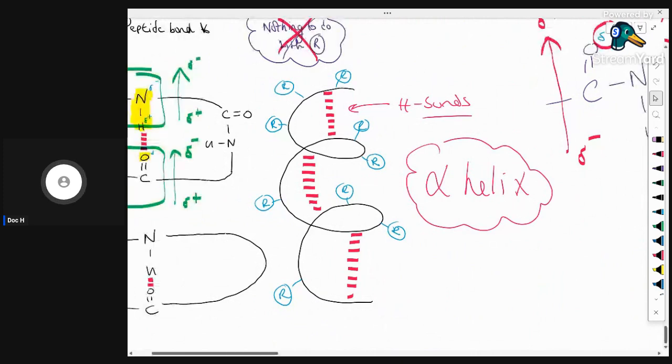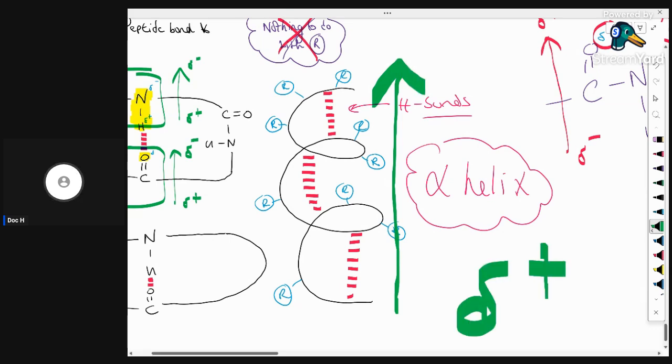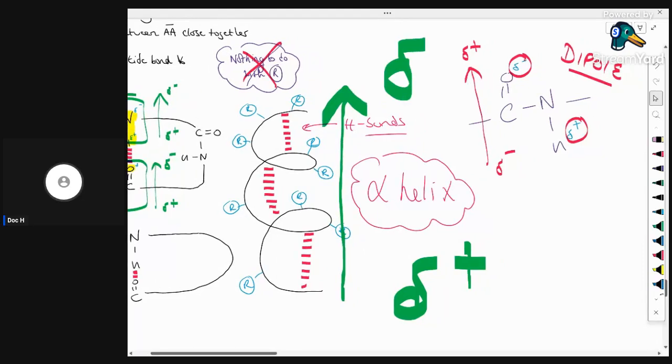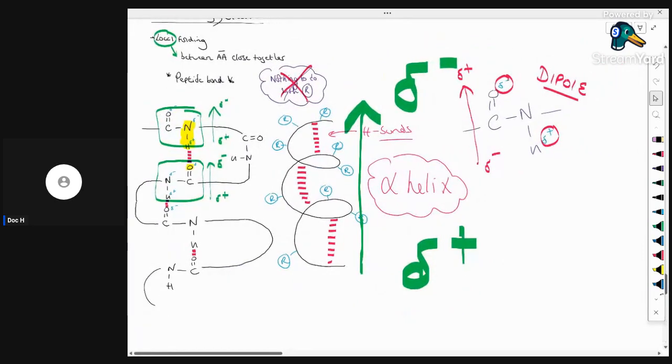Okay, so the overall, that's a horrible line. Can't get rid of it now. There we go. The whole helix has a huge dipole essentially, where we are delta positive at the bottom here and delta negative at the top. Okay, so the whole alpha helix actually forms like a sort of dipole in its own right. That becomes important in upper sixth when you look at sort of ion channels and things.